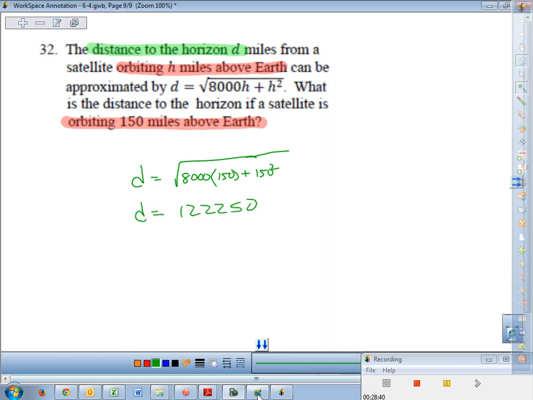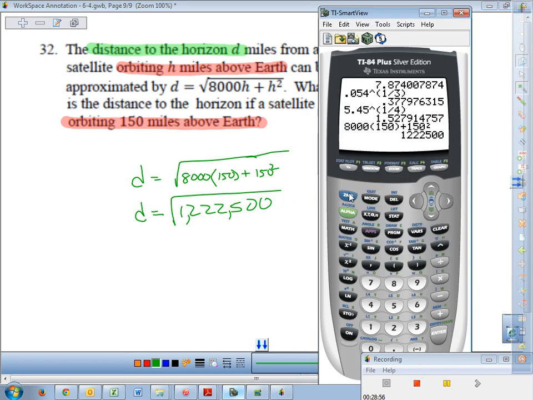How many zeros do we have? 2. And put some commas back in there, but realize it has to get square rooted, correct? And then I will square root that previous answer. So second square root the previous answer. That's that ANS button down here.